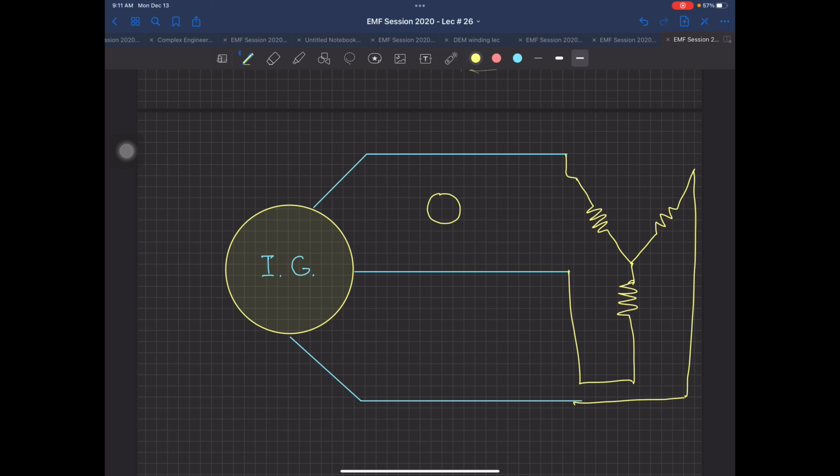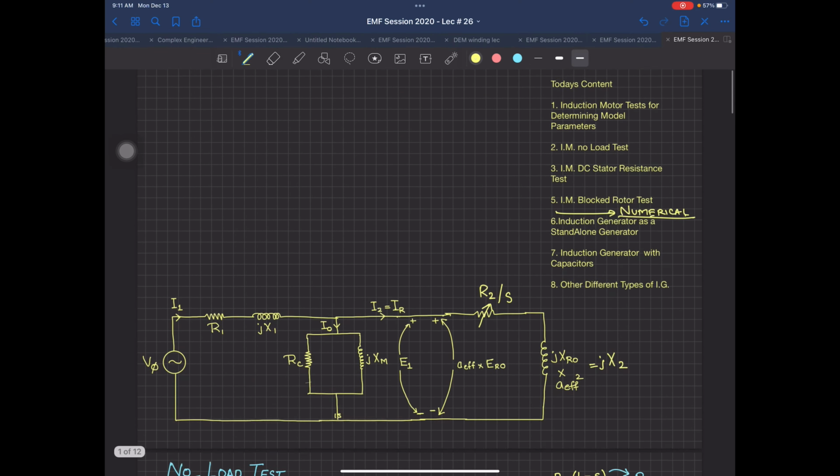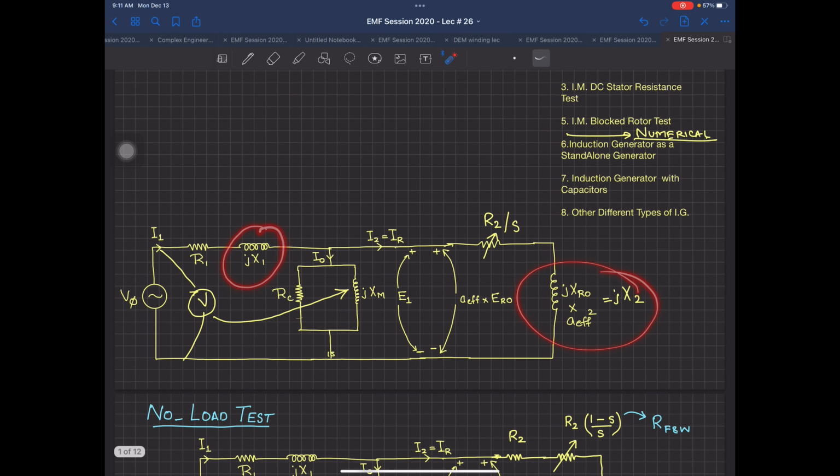That voltage will be available at the two terminals available anywhere inside your three-phase machine, and that voltage will be applied upon the resistor, but that same voltage is also applied across the equivalent circuit of your induction machine. And here, when that voltage is going to be present over here, that voltage is going to be applied across the jXm part. It's also going to be applied across this jX1 and also across jX2.